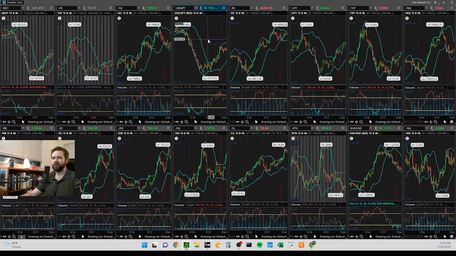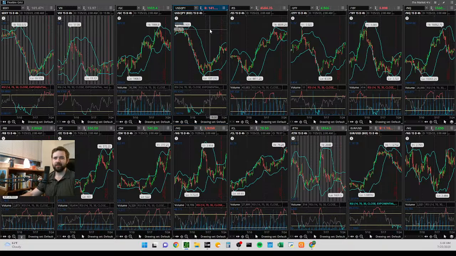I got into it right as it puked, and the thing about currencies is that they typically run for a lot longer than stocks seem to, or at least the technical indicators don't. They stay exaggerated, so they'll stay oversold or overbought seemingly longer than they would for stocks or ETFs.